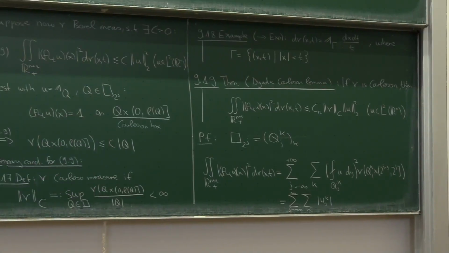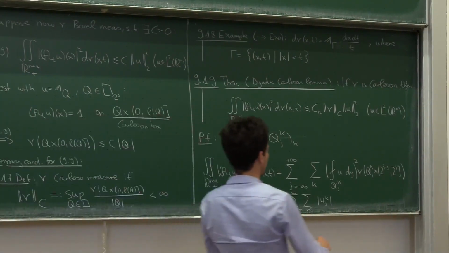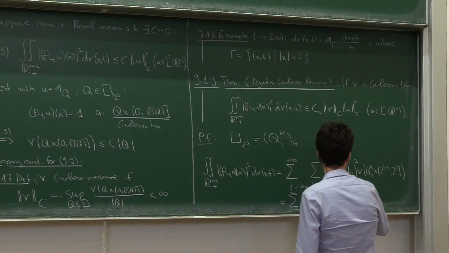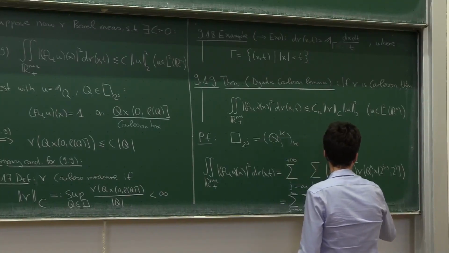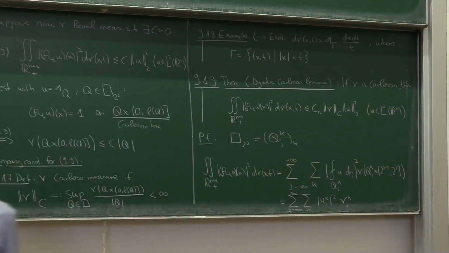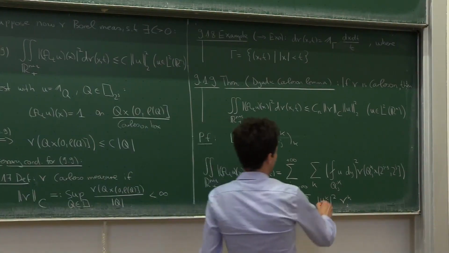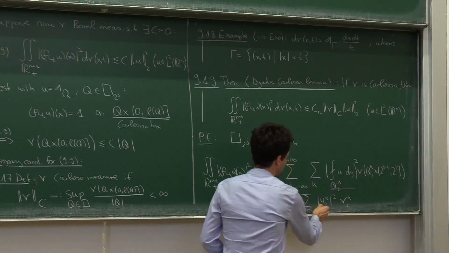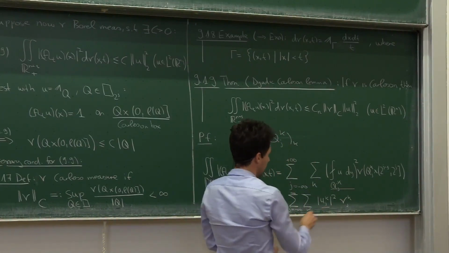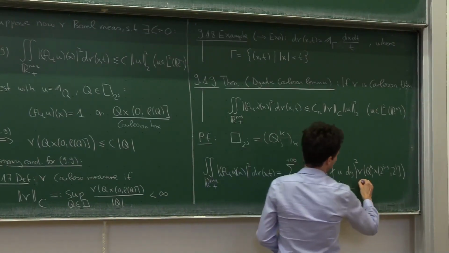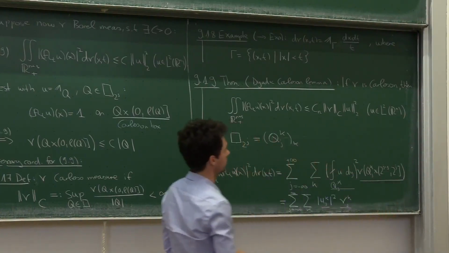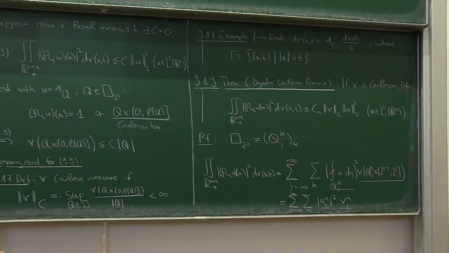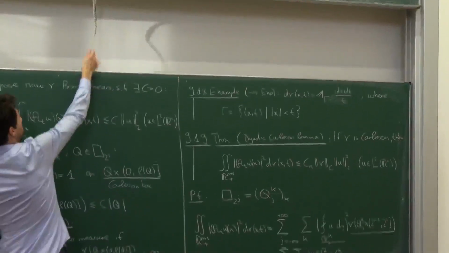I shall call them u_jk squared, and these numbers I'm going to call ν_jk. So in other words, u_jk is just this integral average on the cube Q_jk, and ν_jk is the measure of this Whitney box. Okay, so that's how the symbols go.